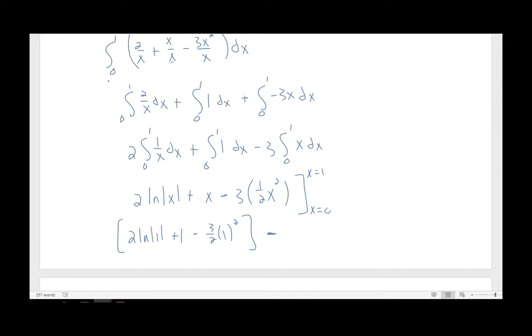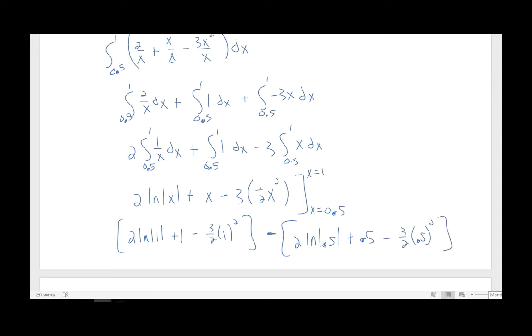So let me cheat and say this is 0.5 here, 0.5 on all of these. I was just trying to focus on the antiderivative, and I picked a bad value for my bottom limit. So I would subtract with all of that fixed. I'd have 2 times ln of 0.5, and then plus 0.5, and then minus 3/2 times 0.5 squared.